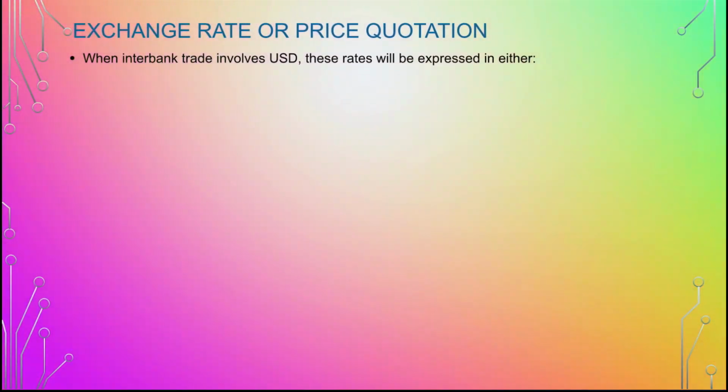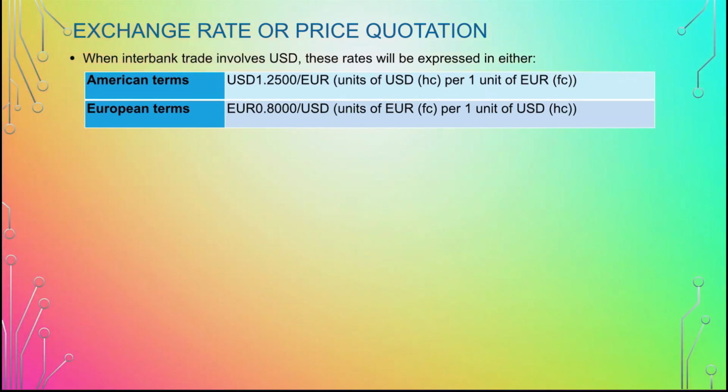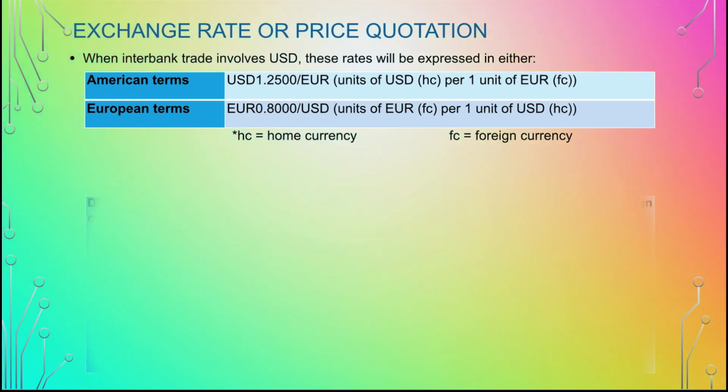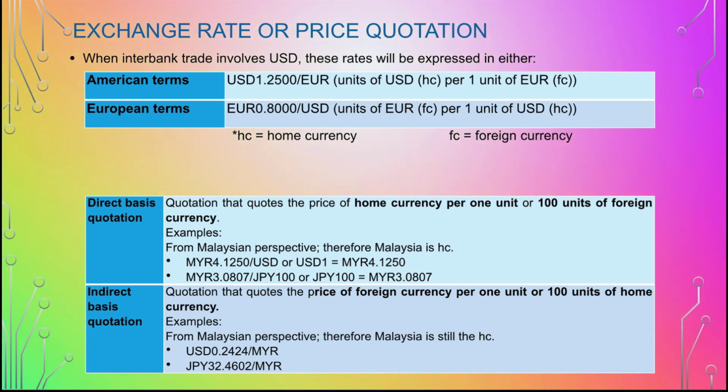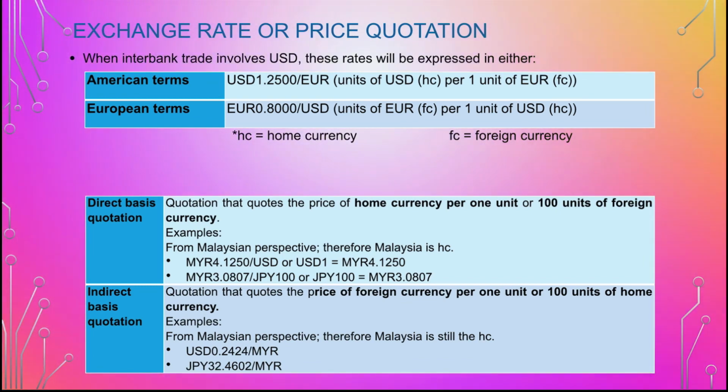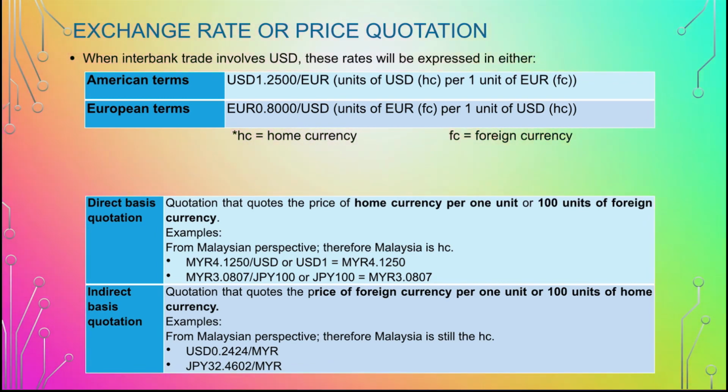Okay, now we move to the exchange rates or price quotation. How we quote the price in the exchange rate. When interbank trade involves US dollar, for this case, we use US dollar and euro.